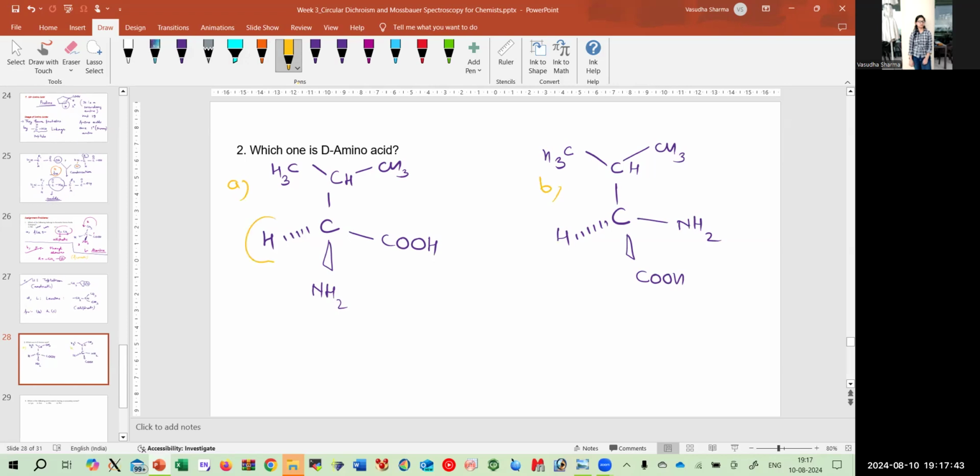Starting, this has to be at the back. If we are giving this as 1 and going to this as 2, then 3, this is following CO to R to N, the anti-clock. Therefore, it is an L isomer.